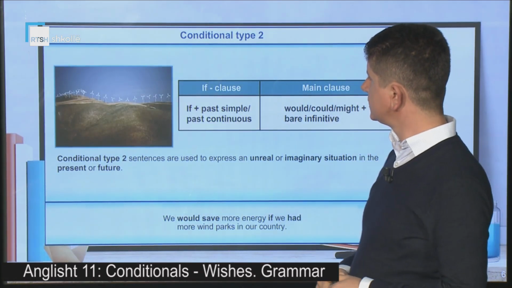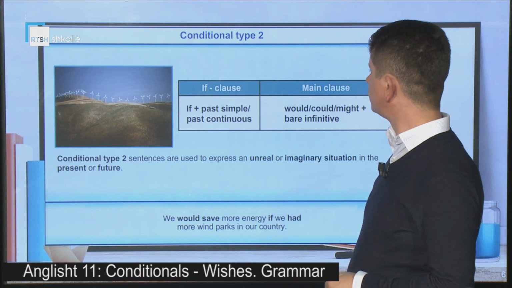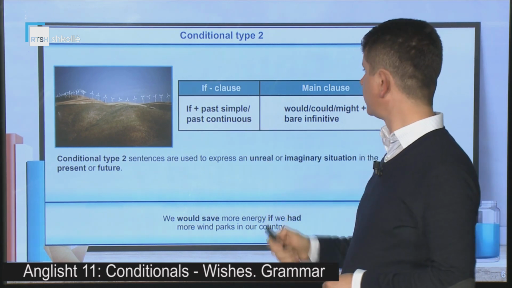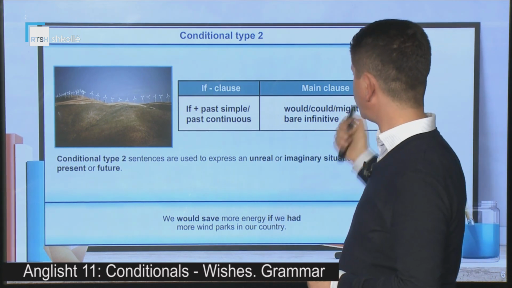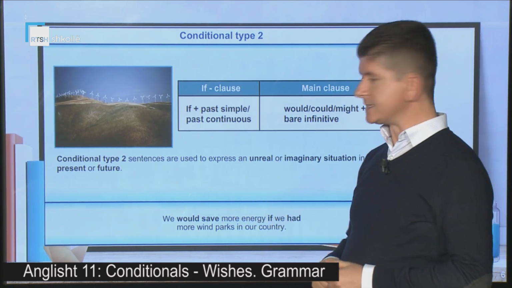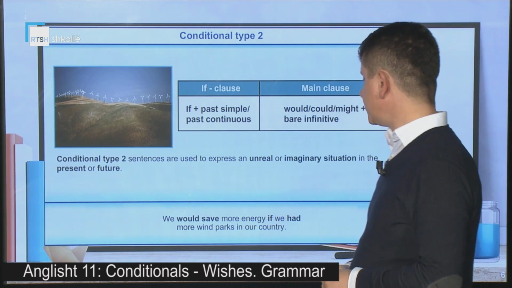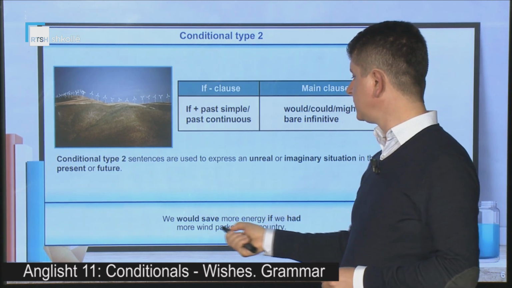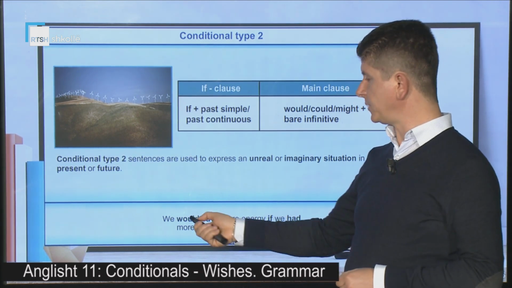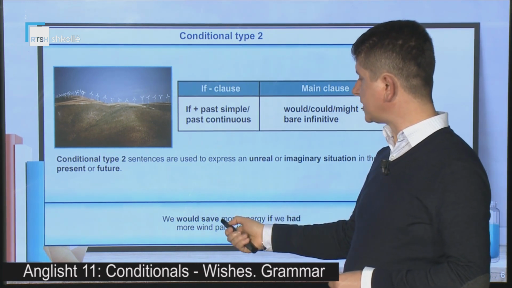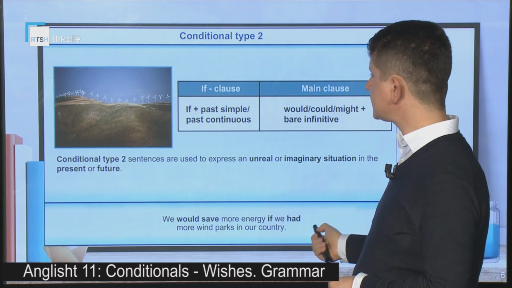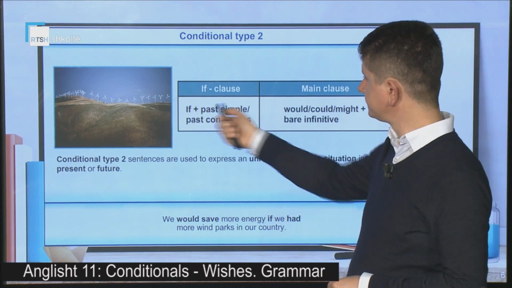The second conditional is formed by if plus past simple, or past continuous, it depends, and would might be replaced by could or might. Let's look at an example here. We would save more energy if we had more wind parks in our country. Pay attention to the words or verbs in bold. Would save plus if plus past simple.